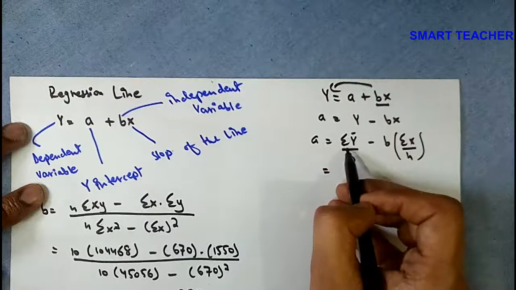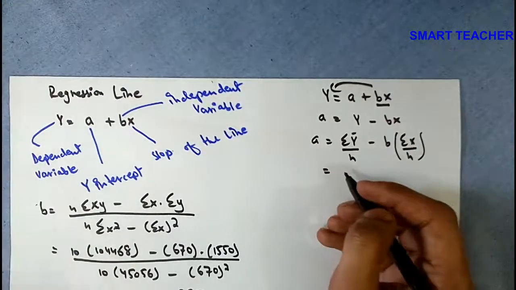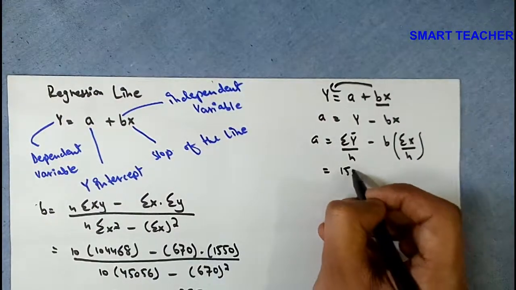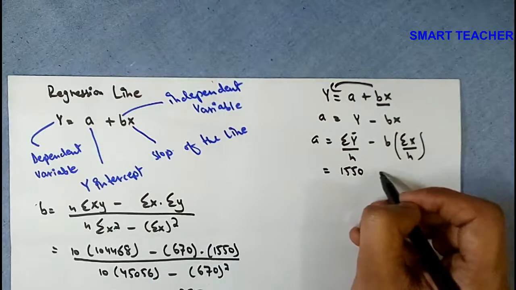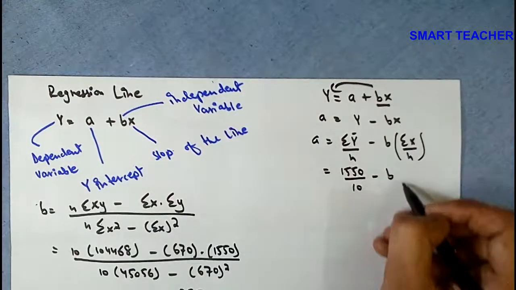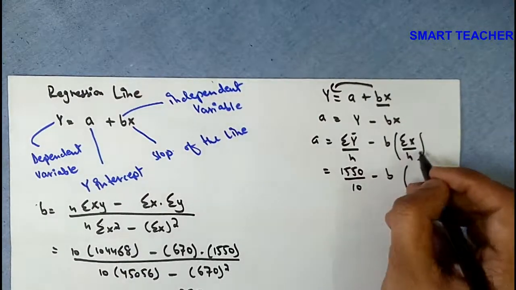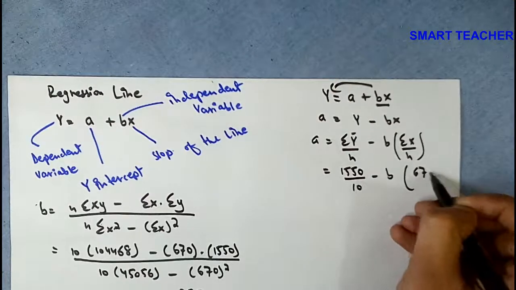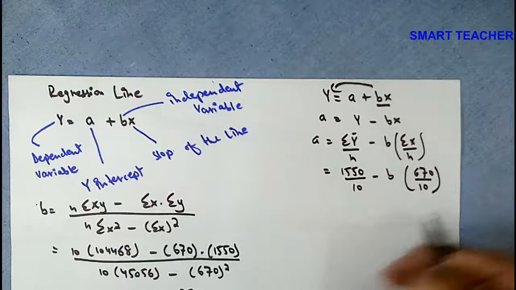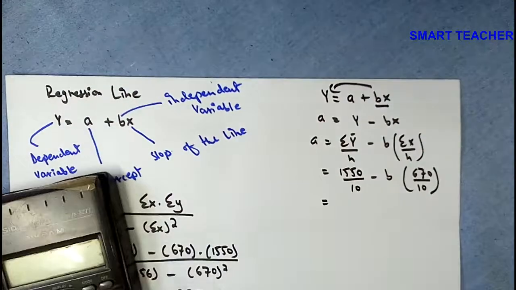What we get over here: sigma y, sum of y, we have 1550 divided by 10, minus b times sum of x. Sum of x is 670 divided by the total number of observations.